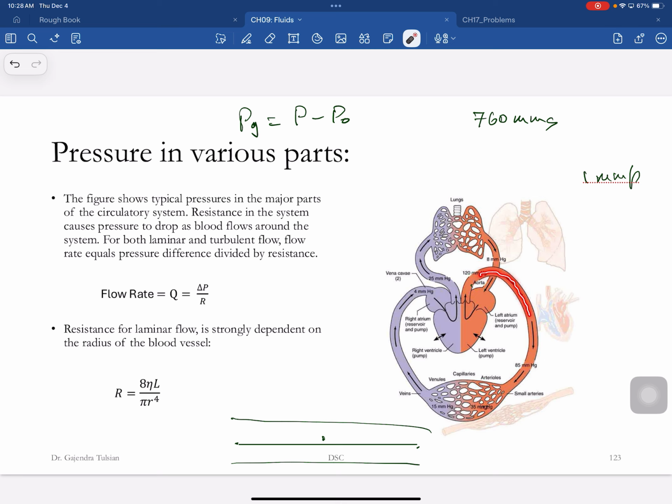Whatever direction the blood is flowing, upstream the pressure has to be higher and downstream the pressure is lower. When you get to the venule end of the capillaries, the pressure has dropped to 15 millimeters of mercury. And look at it, just before entering the right atrium, the pressure has dropped to 4 millimeters of mercury.